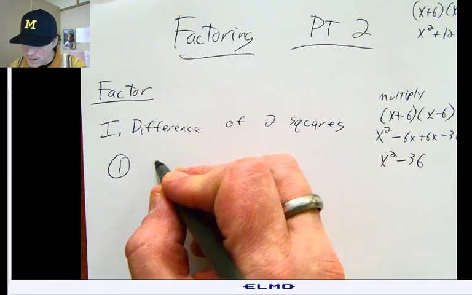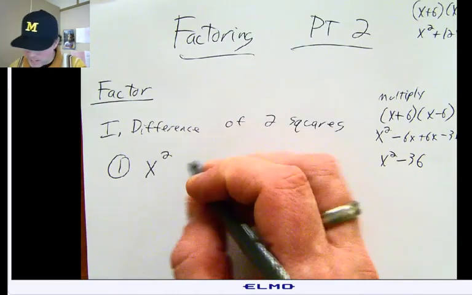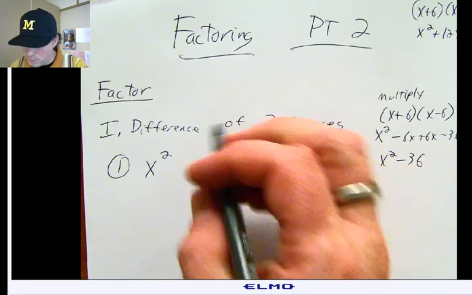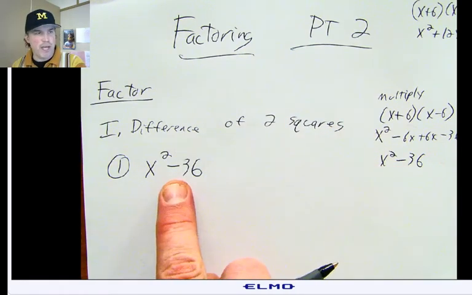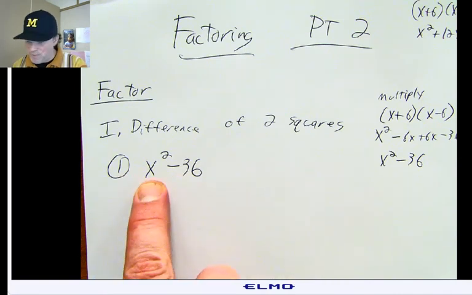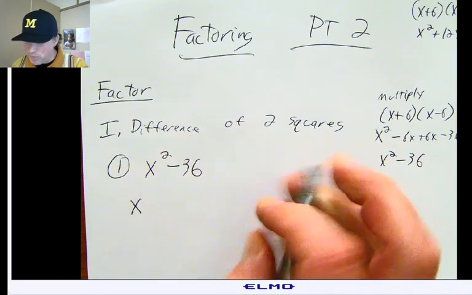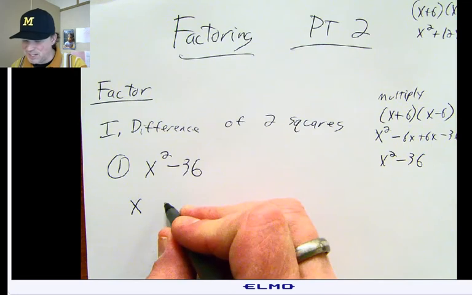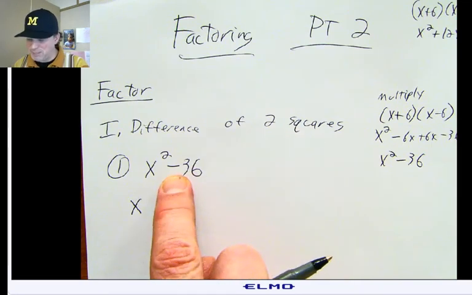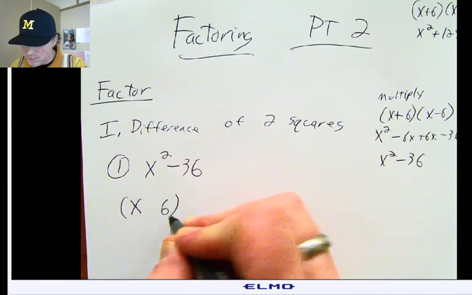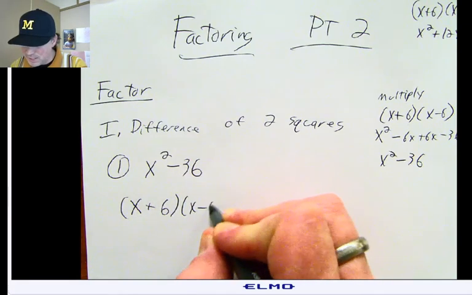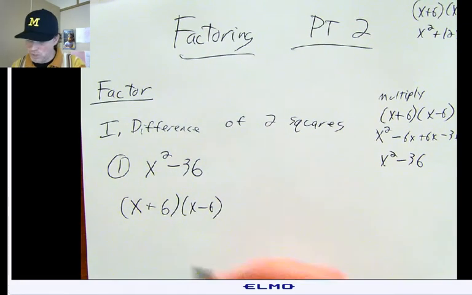So if I had to factor x squared minus 36, it's a special case because the square root of x squared is x, the square root of 36 is 6, and there's a minus between them, which means it's a difference of two squares, so it must be x plus 6 and x minus 6.